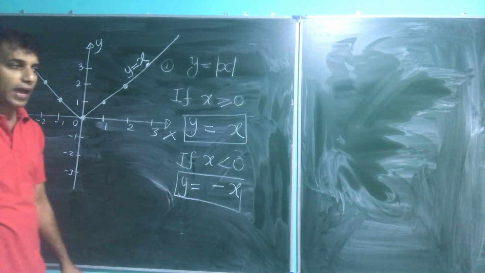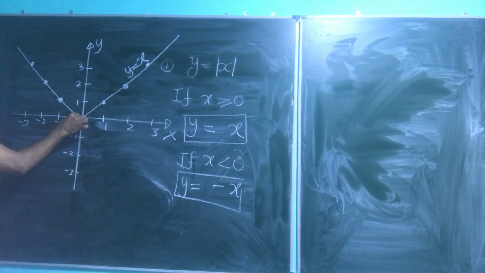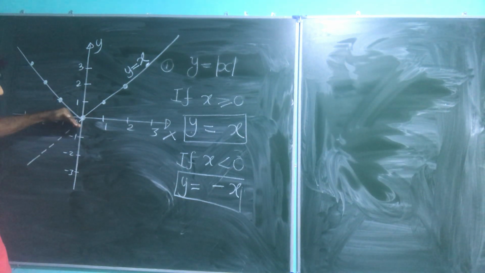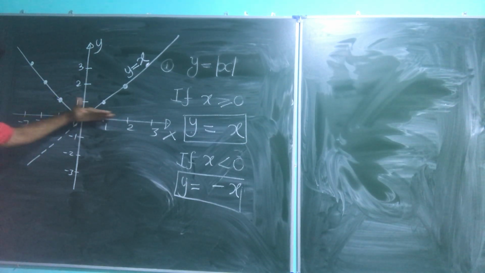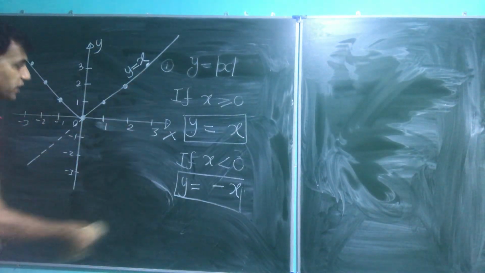So actually what happened, if there is no modulus symbol, the graph would be produced like this. It goes like that. But if the mod comes, nothing below the x-axis, completely up, there's a reflection, like the x-axis is a mirror image. So it's completely both parts.